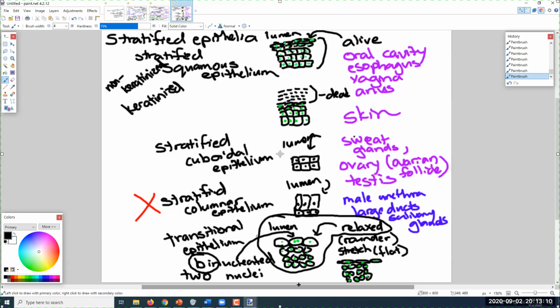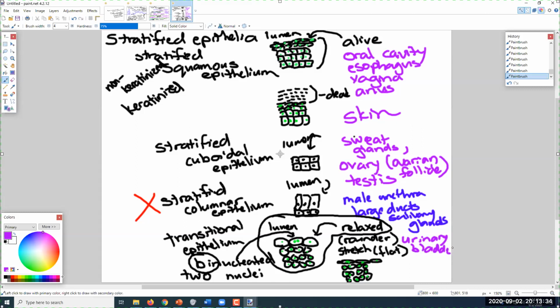Okay, where would you find this transitional epithelium? Well, we did mention one, right? Anybody remember which organ has this? Yeah, you want to be a little bit more specific than just the bladder, right? What kind of bladder? The gallbladder? Are you talking about the gallbladder? No, it's the urinary bladder. Okay, so we want to be a little bit more specific.